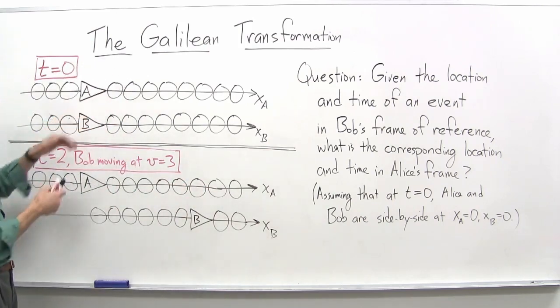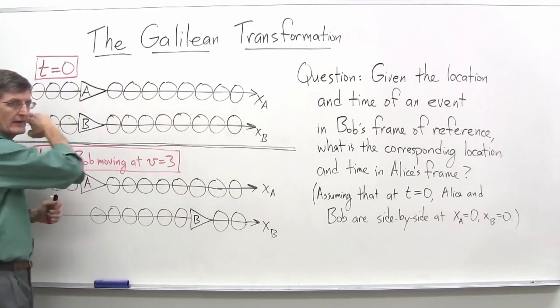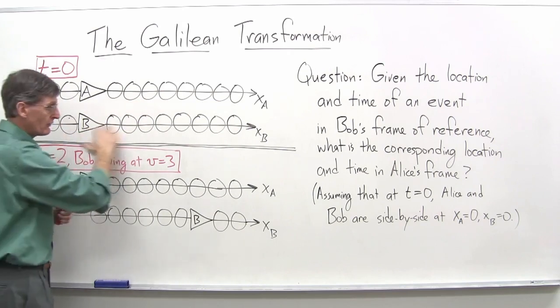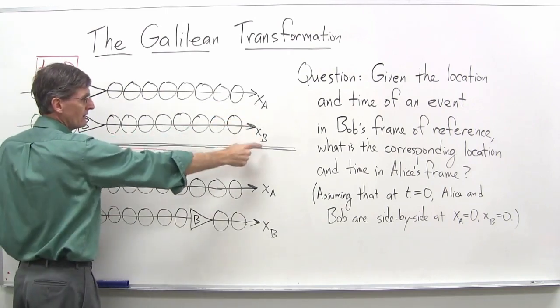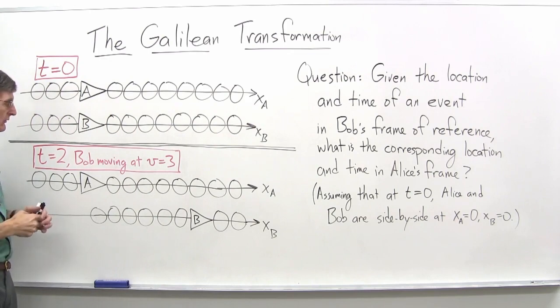So here's the situation at t equals 0. Here's Alice and her lattice of clocks there, all synchronized. Here's Bob in his spaceship with his lattice of clocks all synchronized. So the xa axis, the xb axis. So again, they measure position any place along there.